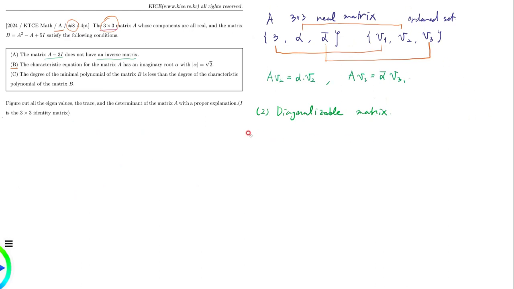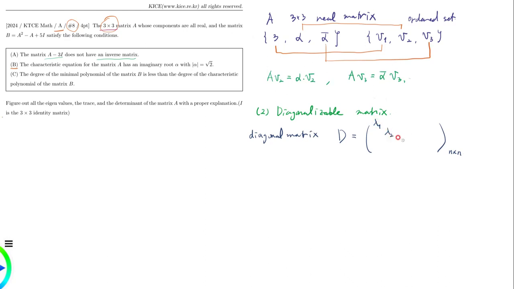Usually, a diagonal matrix, let's say capital D, is an n by n matrix whose entries are all 0 except on the diagonal line.